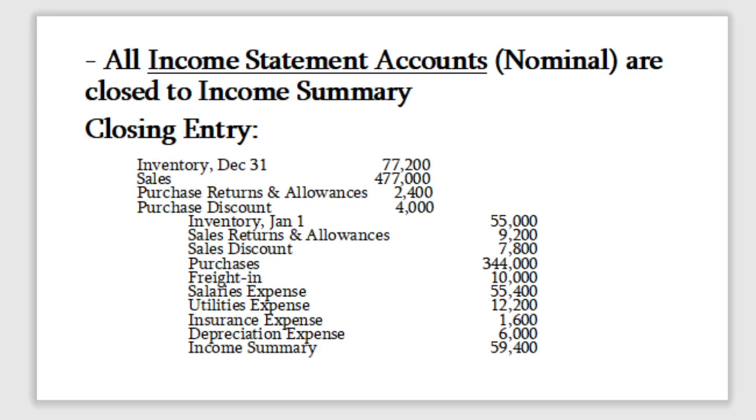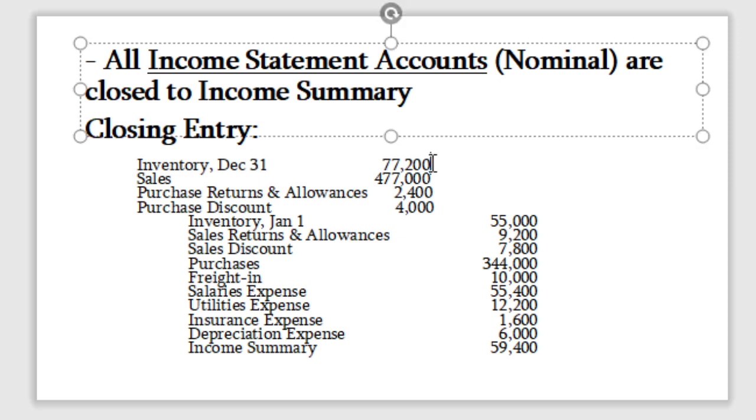So, first step, again, all income statement accounts which are nominal are closed to income summary. So, kung mapapansin natin dito sa closing entry, ang inventory for December 31, ito siya kasi is an asset. So, dito na part i-establish pa natin yung inventory ending. Kaya naka-debit siya.